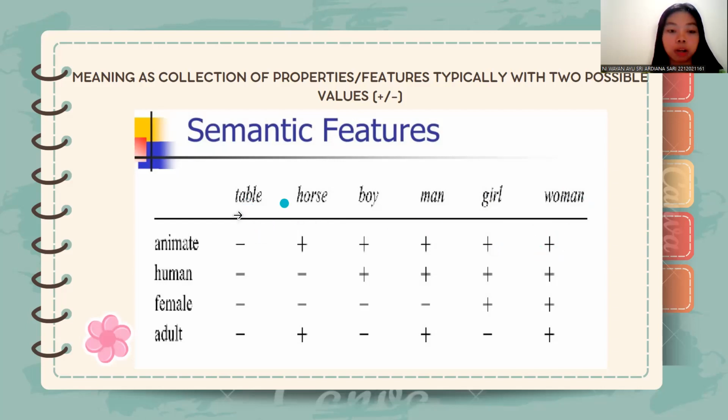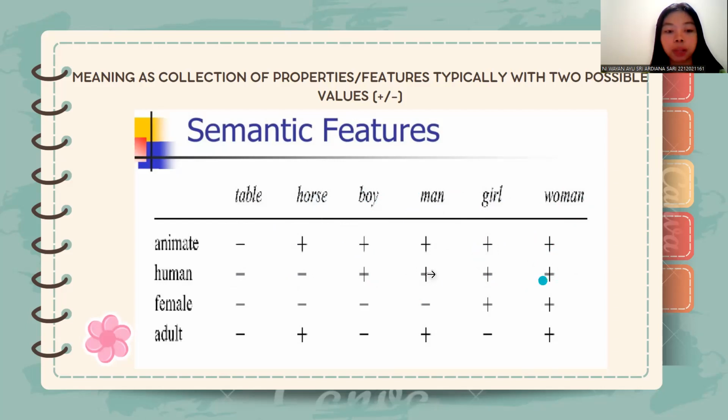And table minus human, horse would have minus human, boy would have plus human, and a man would have plus human, and a girl would have plus human, and a woman would have plus human.